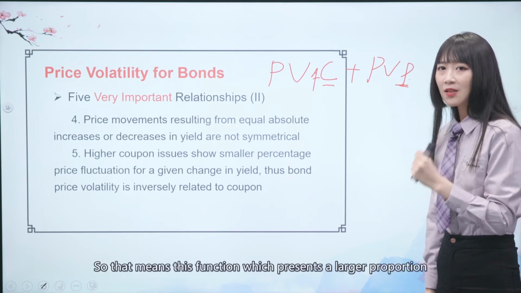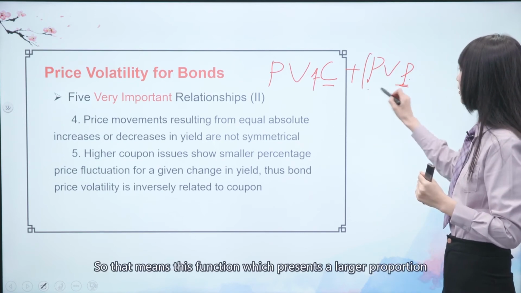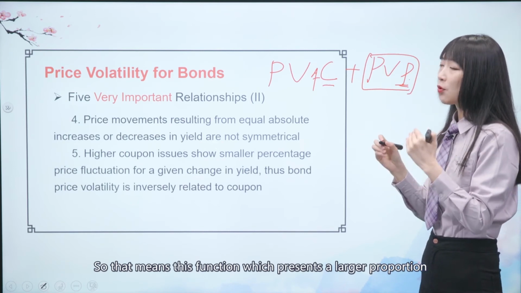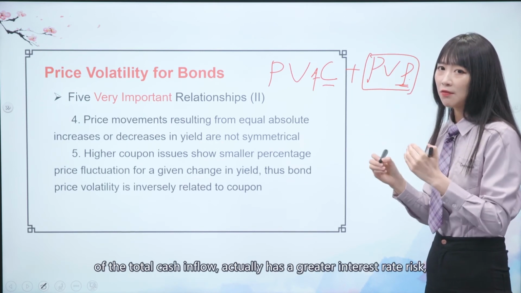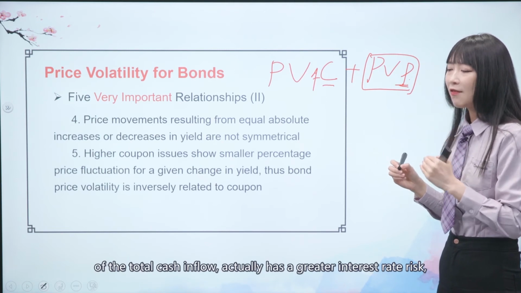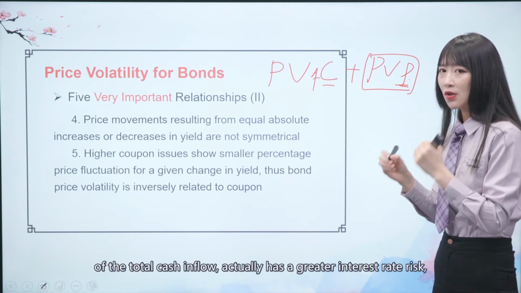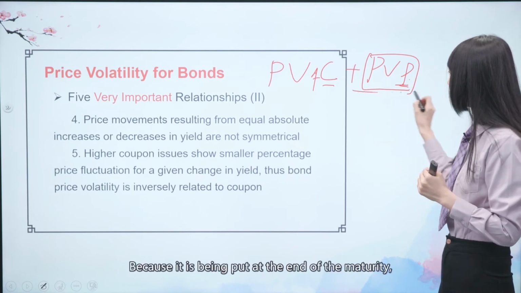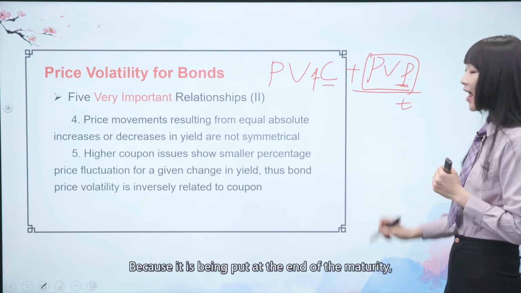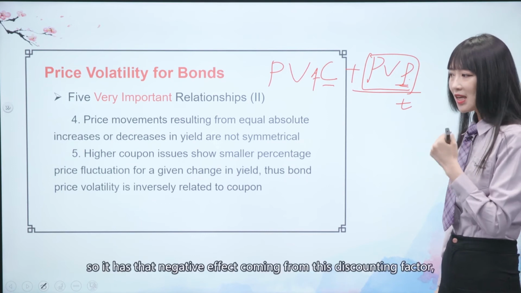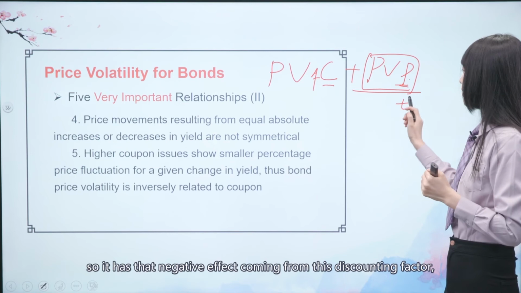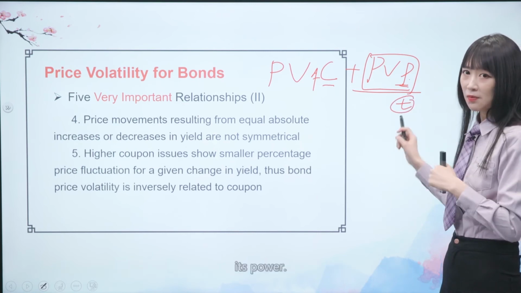So that means this part, which represents a larger proportion of the total cash inflow, actually has a greater interest rate risk because it is very far away, right? Because it is being put at the end of the maturity. So it has that negative effect coming from this discounting factor, its power.